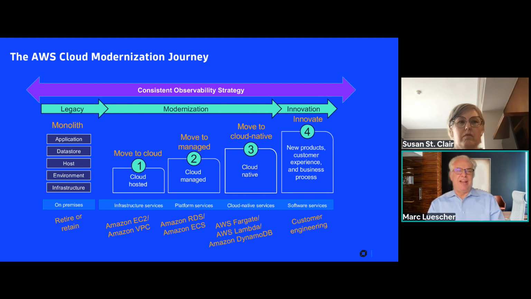The next phase, number 3, is to go to cloud native. We provide, I think, about 400 different services in AWS, which can make your life easier and much more efficient.